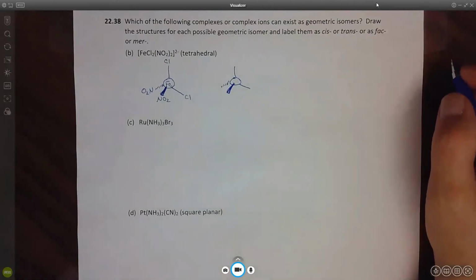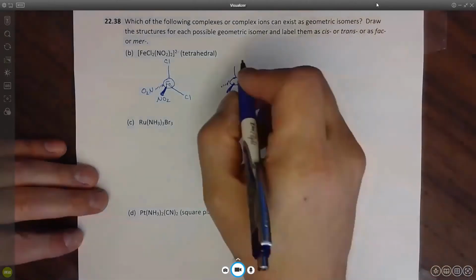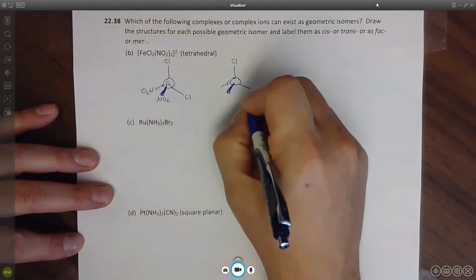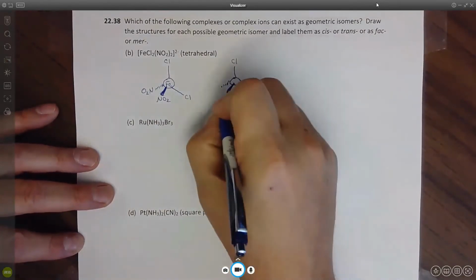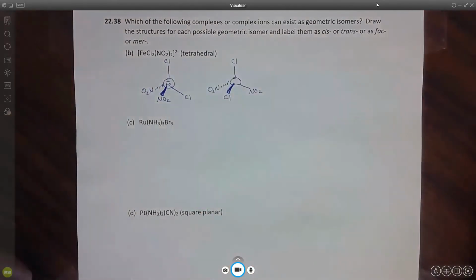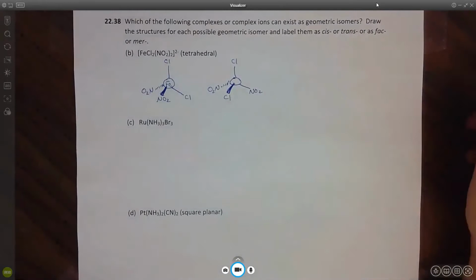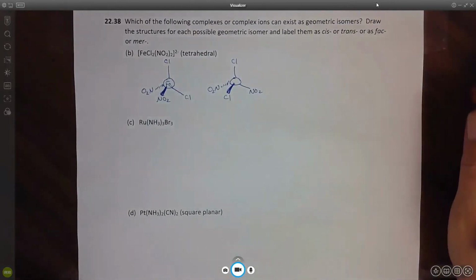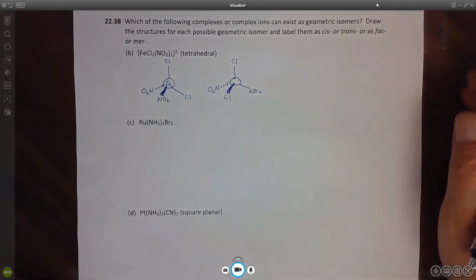So now we can switch either one of these. So let's say this is the chlorine, and then we'll switch these two here. So this is the nitrite, this is the chlorine, and this is the other nitrite. Now the question is, are these different molecules? If you're able to rotate these in any way and they are the same, then of course they're not going to be different isomers.